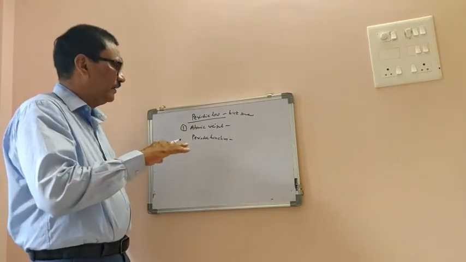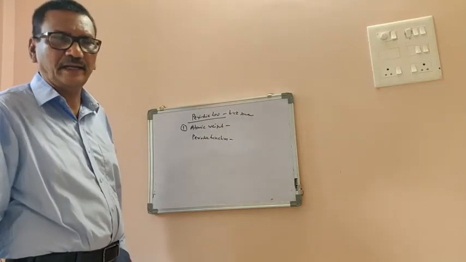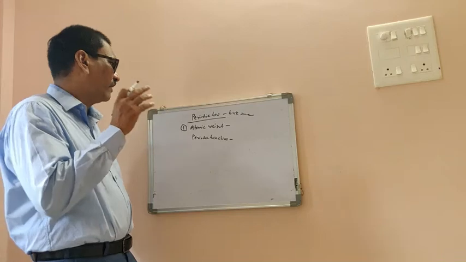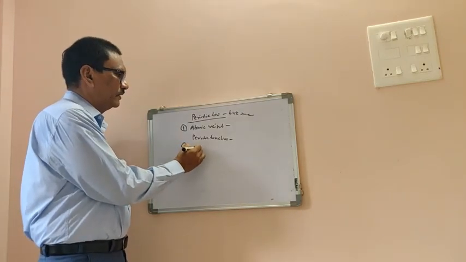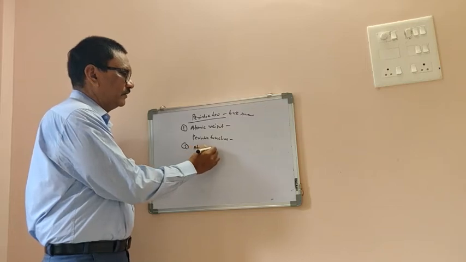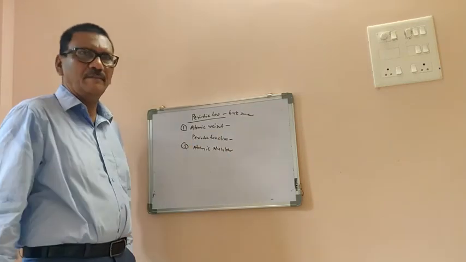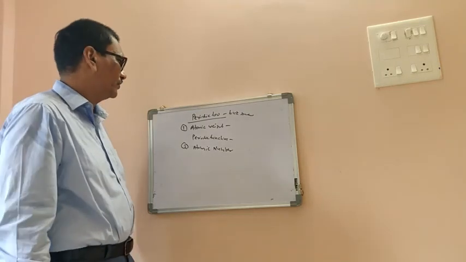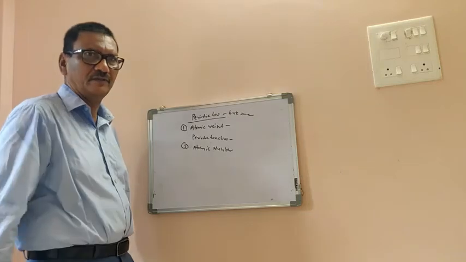But since then, much research was going on this concept of atomic weight, and finally it was found that it is not the atomic weight but the atomic number that is the main base of this periodic property.